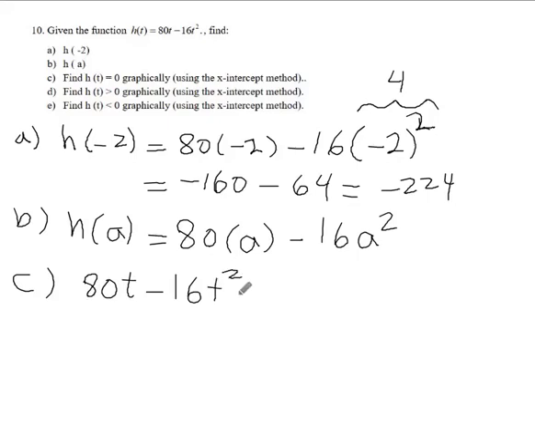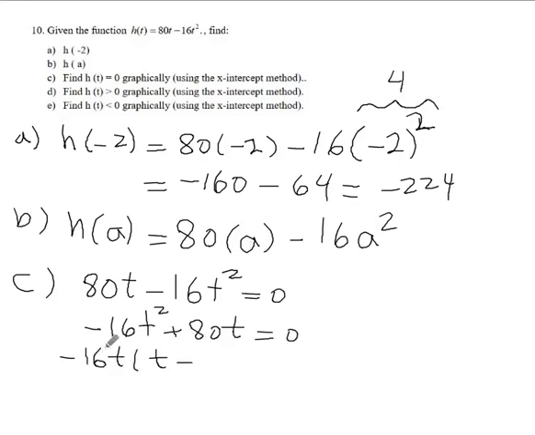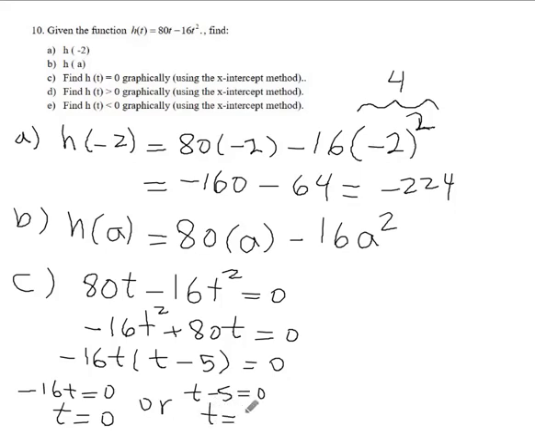If I let that be equal to 0, here we are factoring minus 16t, you get minus 16t times t minus 5 equal to 0. So if you solve for t, you get minus 16t is equal to 0. That gives you t is equal to 0, or t minus 5 is equal to 0, t is equal to 5.